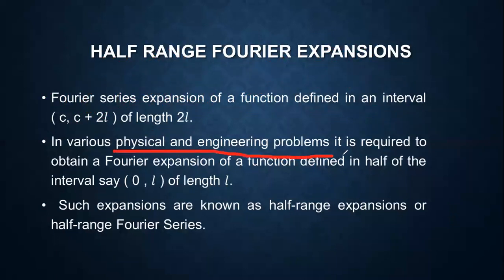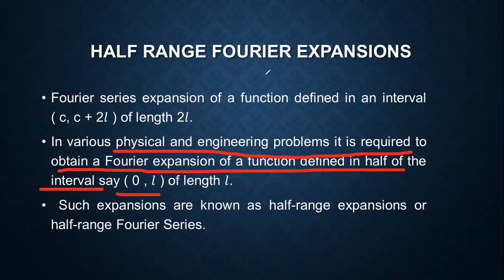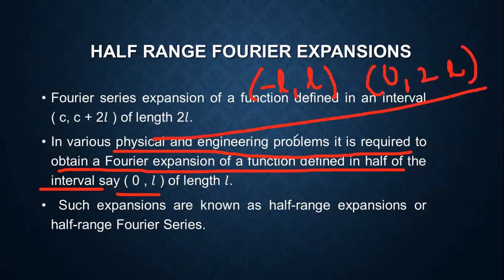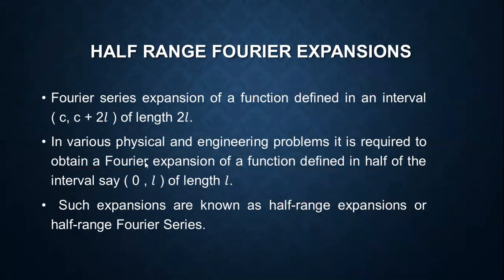In various physical and engineering problems, it is required to obtain a Fourier expansion of a function defined in only half of the interval. It can be represented as 0 to L instead of minus L to L or 0 to 2L, where L is the length of the interval.